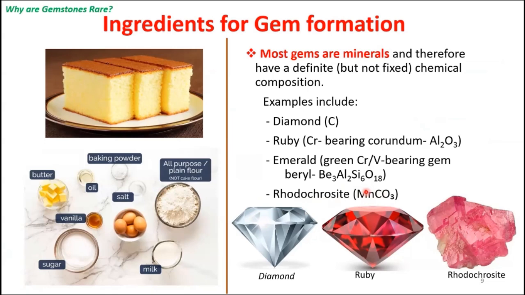It can absorb some of the wavelengths, but this is not an impurity. It's a major constituent. So the chromophore or coloring agent of rhodochrosite is one of the major elements of its chemistry. But in emerald and ruby, the impurities are the chromophores, the coloring agents.